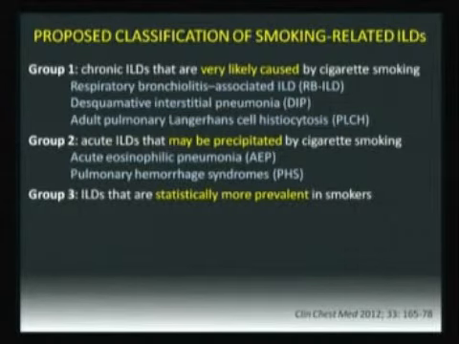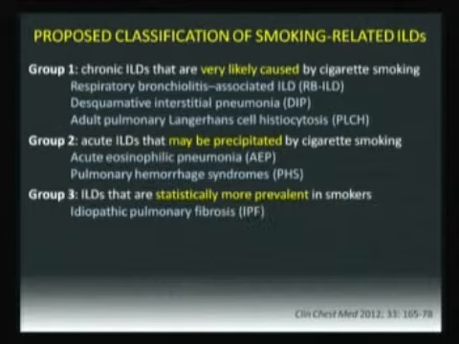Group 3 is what we think is more easily associated with smoking, which is ILD statistically more prevalent in smokers. That means they can be found in non-smokers, but smoking is still a risk factor.